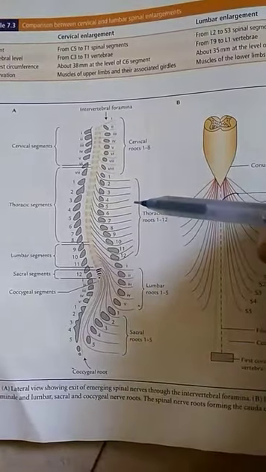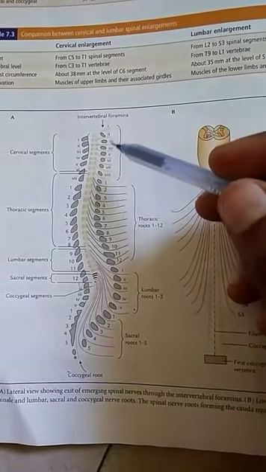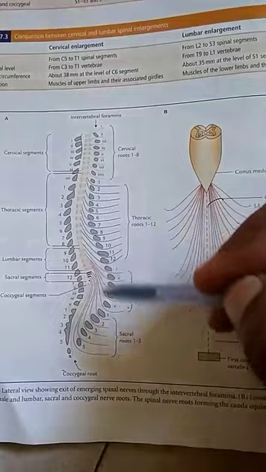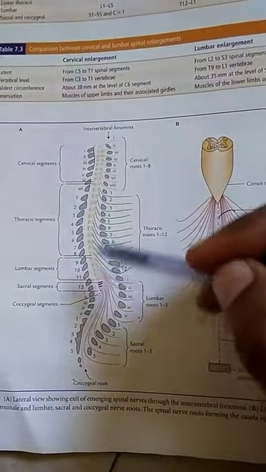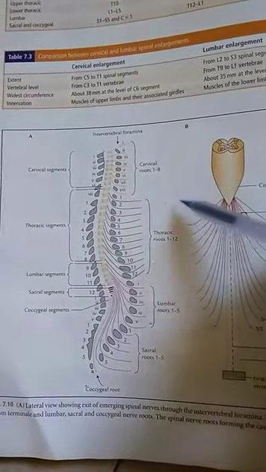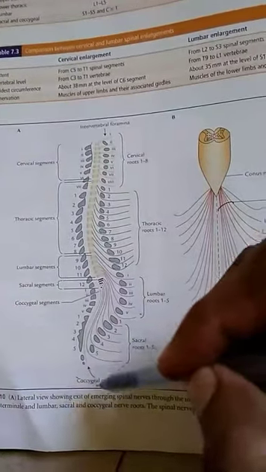If we discuss the attachments of spinal nerves to the spinal cord, you will know that 31 pairs of spinal nerves emerge from the spinal cord. Out of these 31 pairs, 8 are cervical, 12 thoracic, 5 lumbar, 5 sacral and 1 coccygeal.